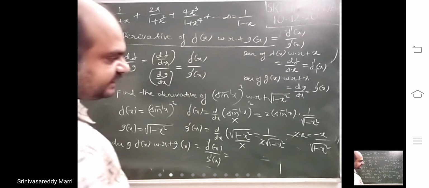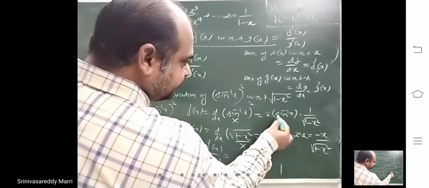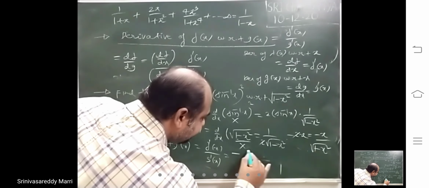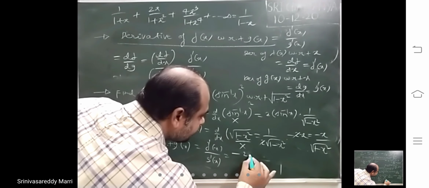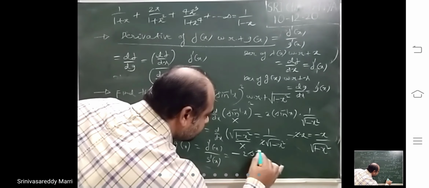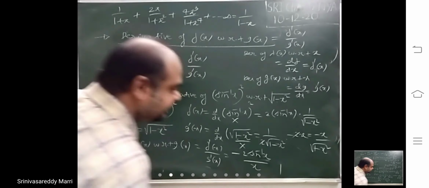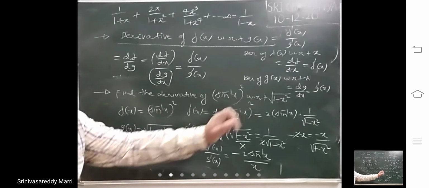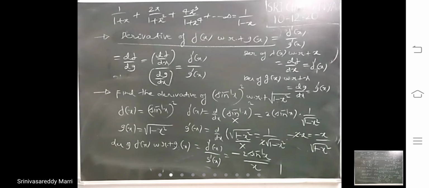F dash x by g dash x means what you will get? This root of 1 minus x square will get cancelled. This divided by this means minus 2 sine inverse x by x. That is the answer. So that is what is done when it is asked derivative of one function with respect to another function.